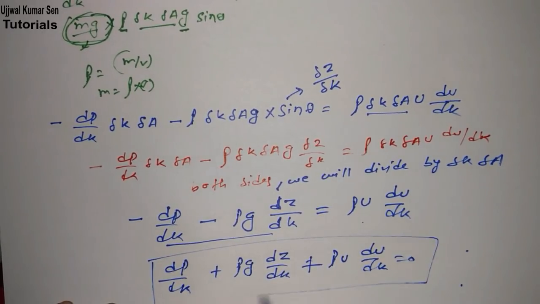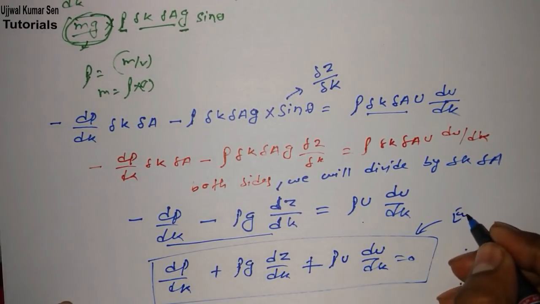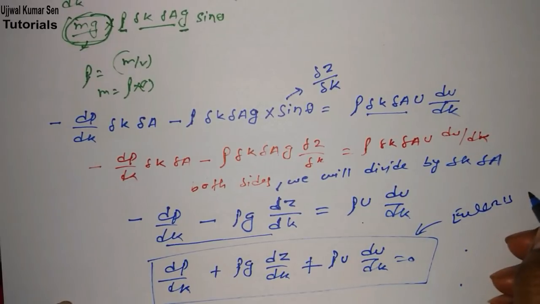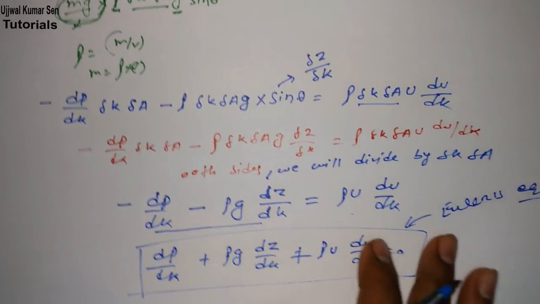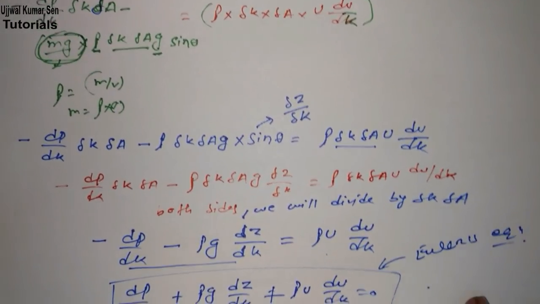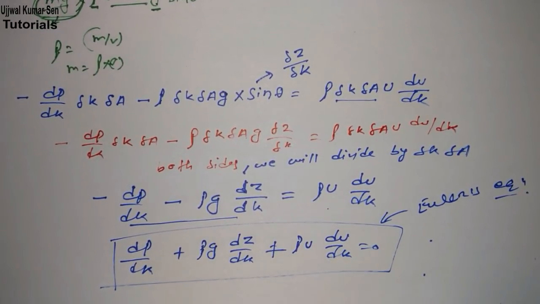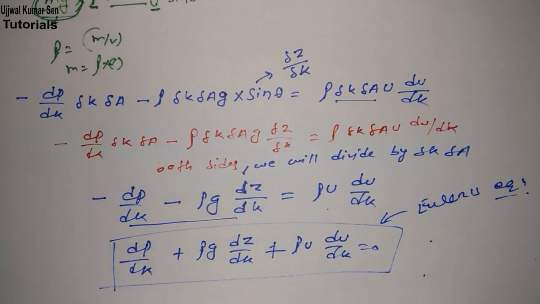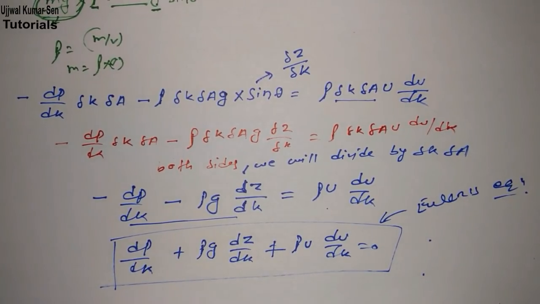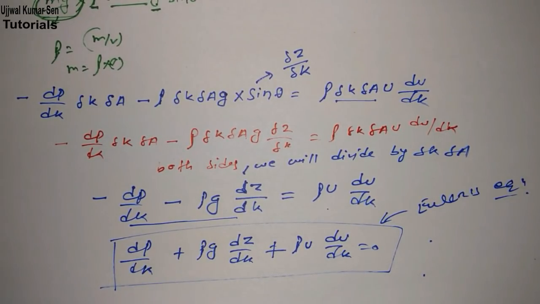With a little simplification, this is known as Euler's equation. After integration, this equation is known as Bernoulli's equation. You just need to integrate this and do a little simplification, and this equation becomes Bernoulli's equation.